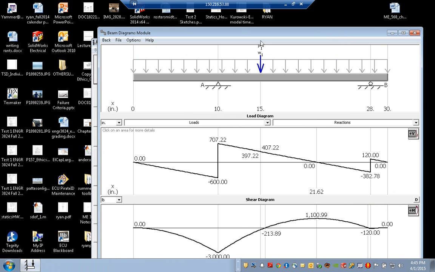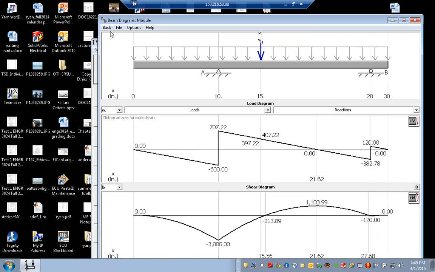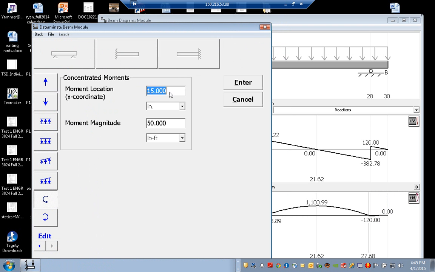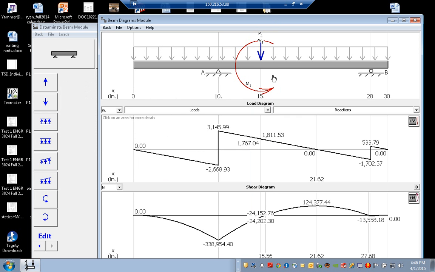Okay, now it's at 10 and 28, and I had these other loads. If I go back, let's put another bending moment at 15, and we can mix some units, whatever. It adds another bending moment, and it's magical shear and moment diagrams.